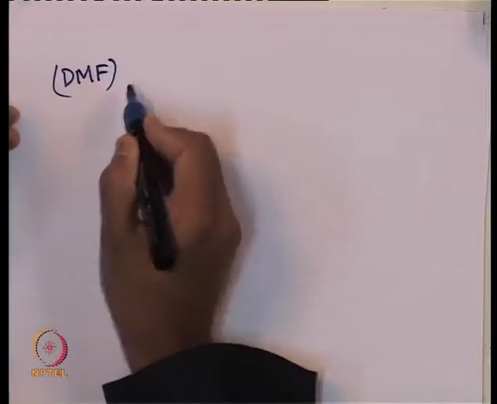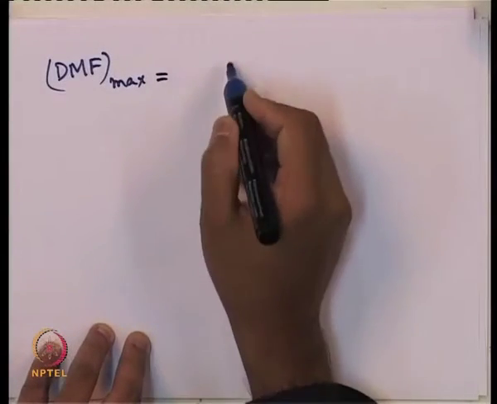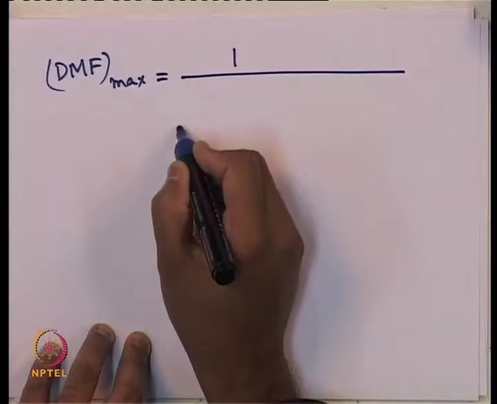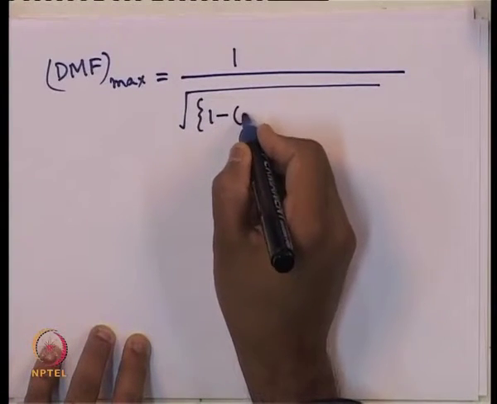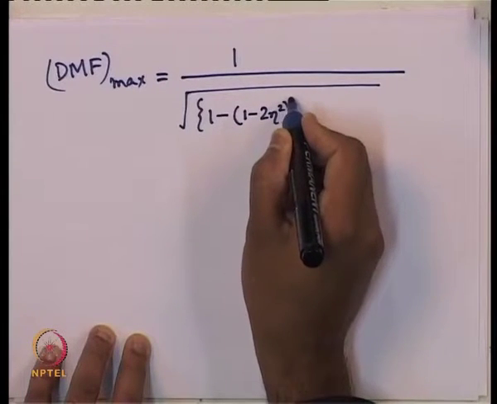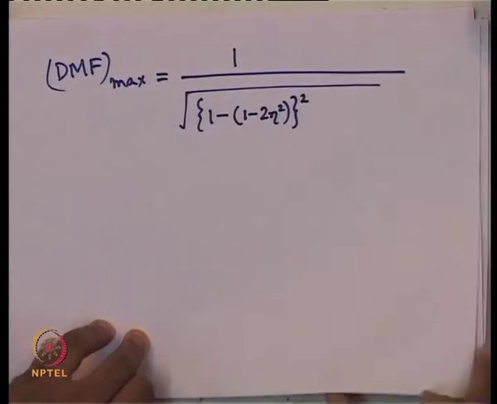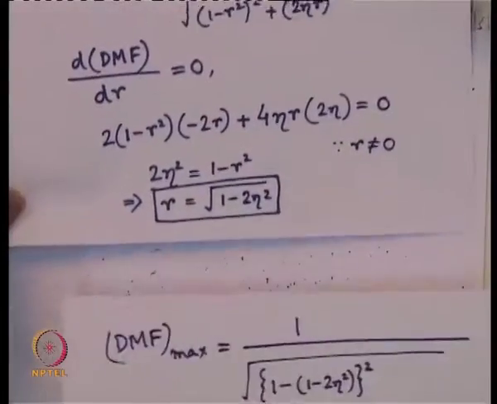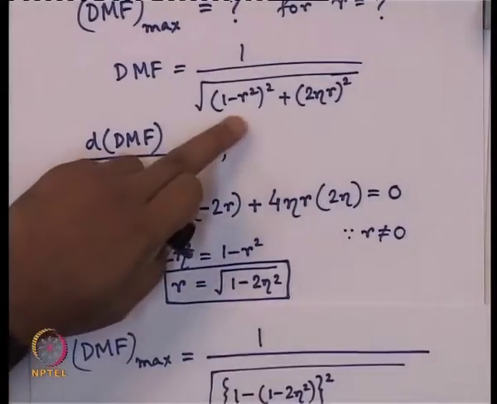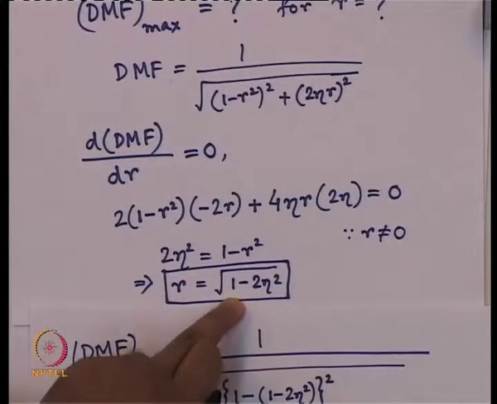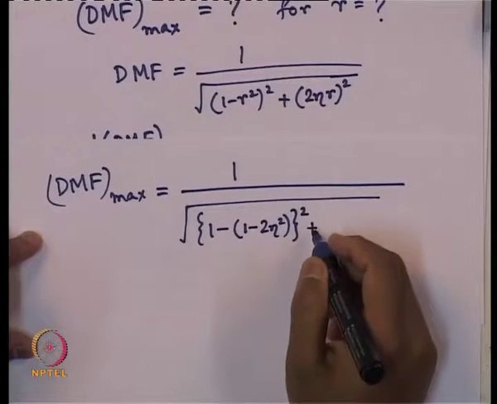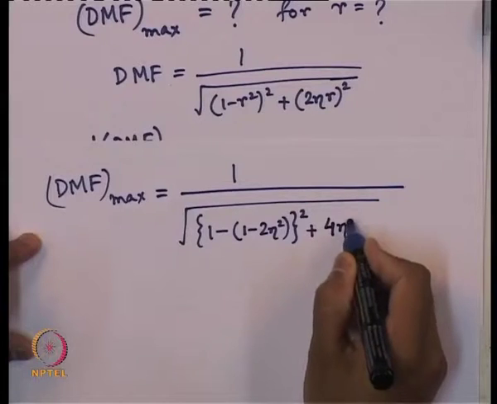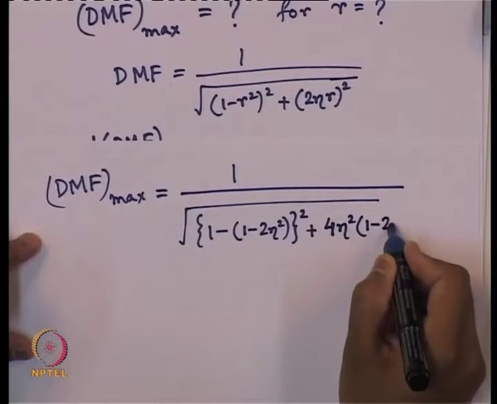So, DMF max equals, now I am putting this value of r in that expression, 1 over root over (1 minus r square), where r square is 1 minus 2 eta square, whole square, plus 4 eta square r square. r square is again 1 minus 2 eta square.